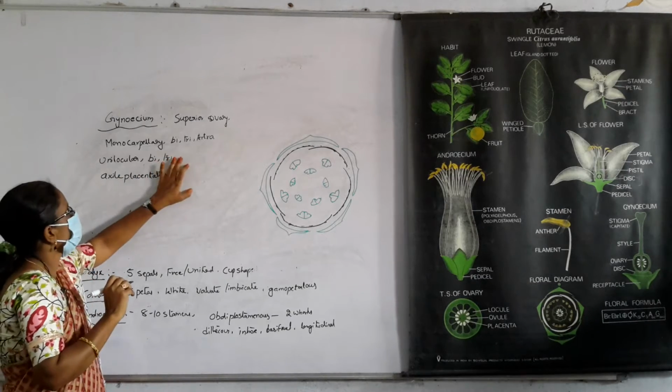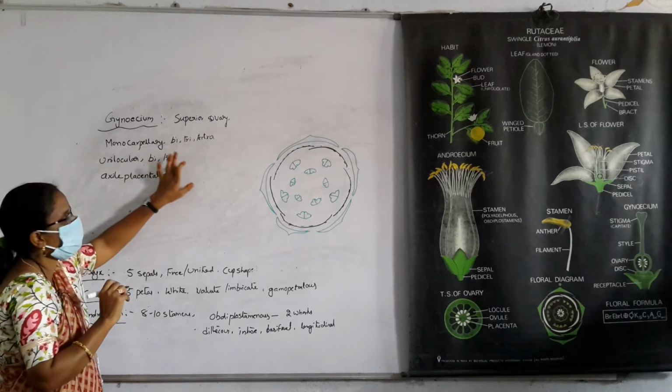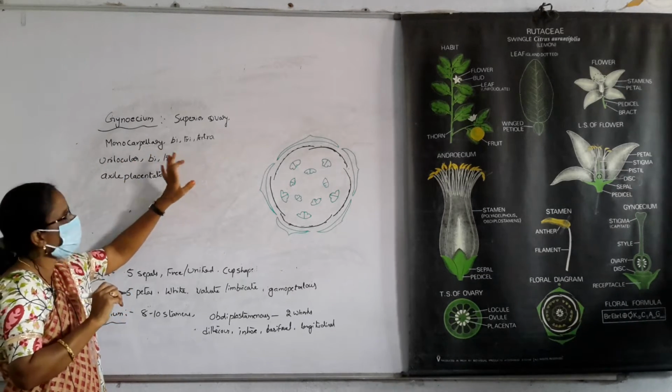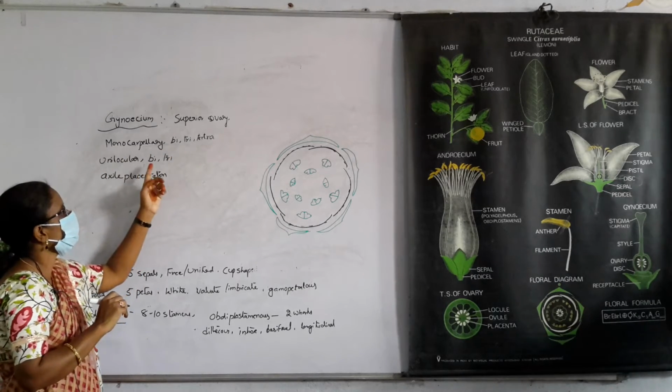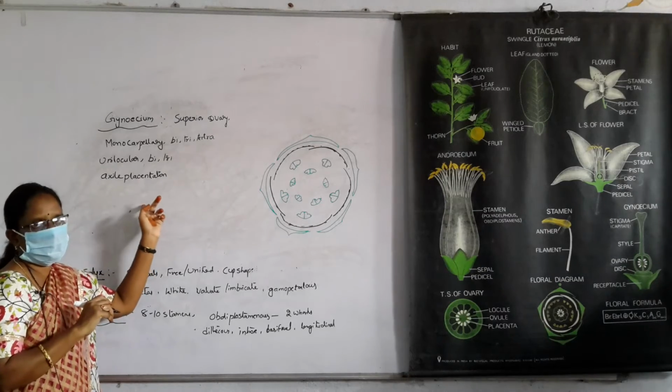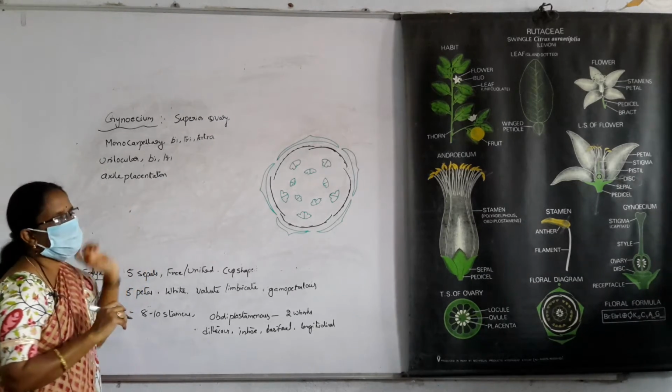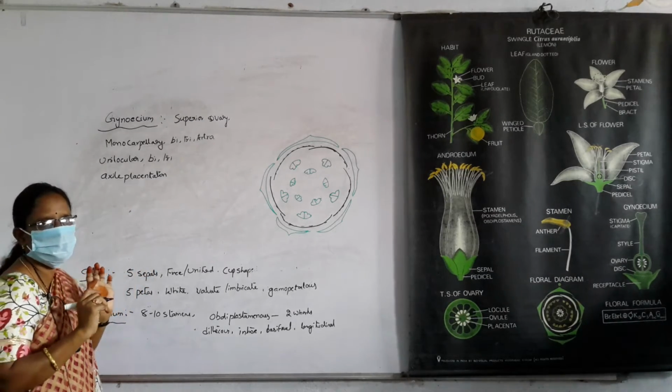The superior ovary has one, 2, 3 or 4 carpels, unilocular, bilocular or trilocular, and axial placentation.